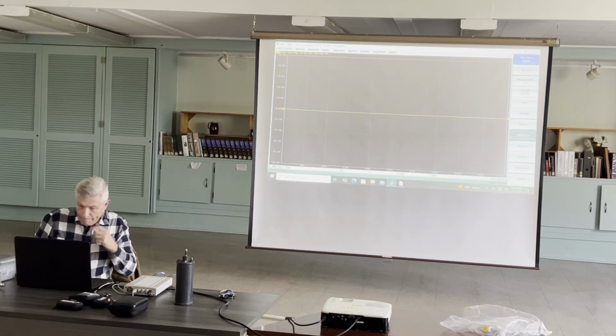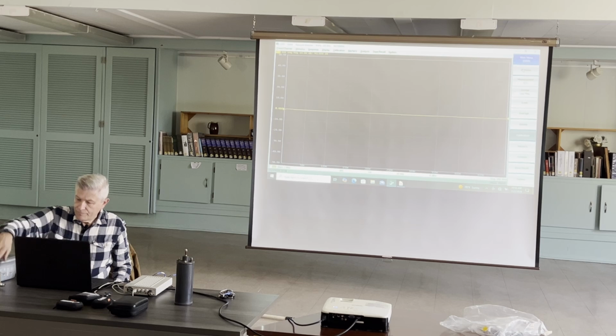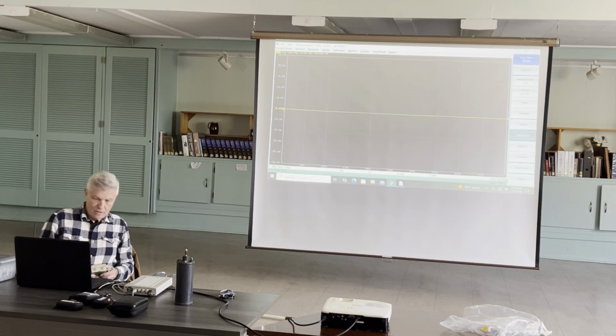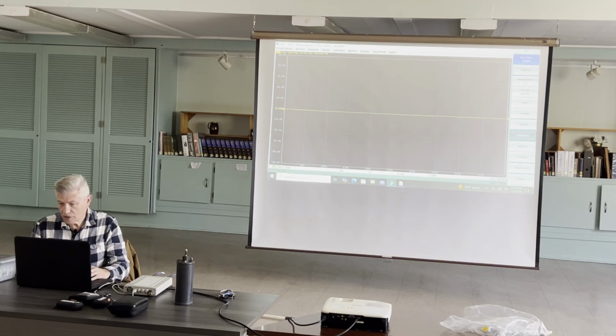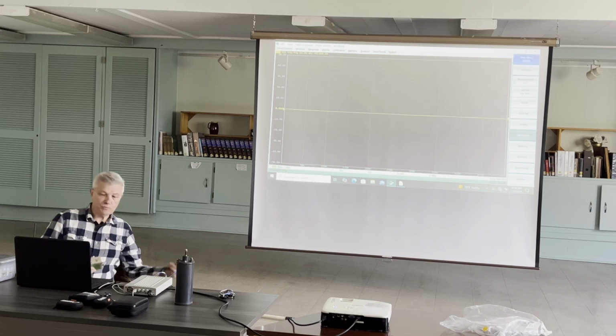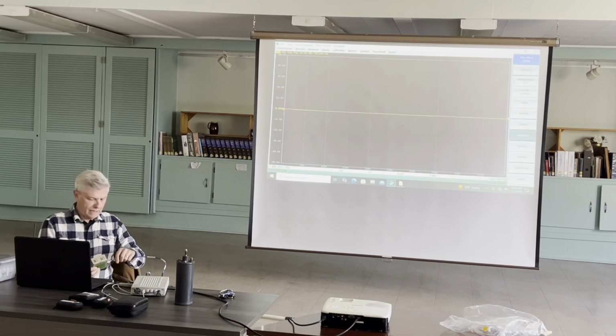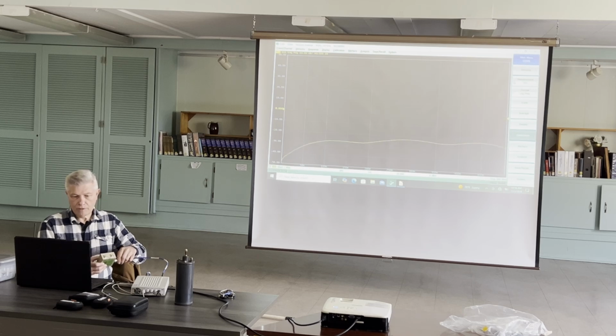So let's do this first. Let's go in, and we're going to do an S11 measurement, which means we're just going to use port 1. And I want to look at the return loss of this coupler. Oh, look what happened.